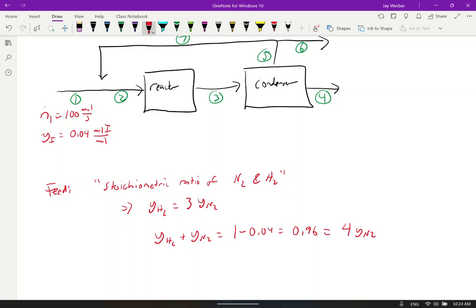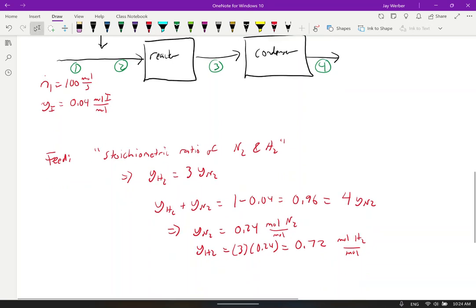So if we divide 0.96 by 4, that means that YN2 is equal to 0.24, and YH2 equals 3 times that, which is equal to, what is that, 0.72? So moles of N2 per mole and moles of H2 per mole. Okay, so that's all great.